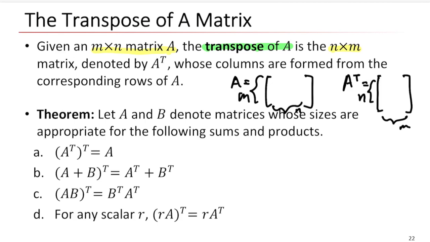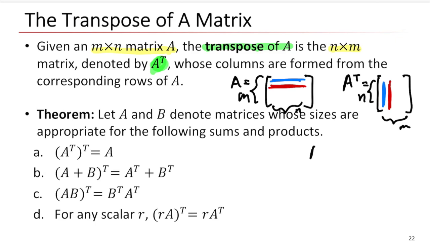This is represented by A transpose, and its columns are formed from the corresponding rows of A. So this column comes from the rows of A, so this row will be placed down here, something like this.